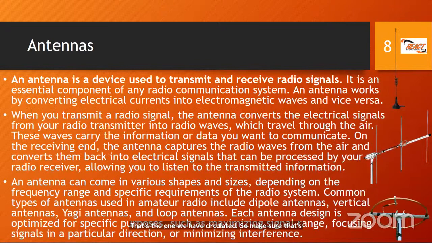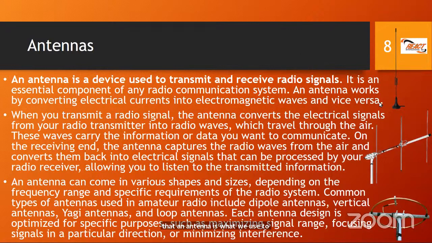And we now come to the topic of antennas. So we have talked about antennas before, but on your screen is a bit of a definition as to what an antenna is. And we're not going to go into everything. This is just for your own leisurely reading and information. But what we need to take away from this is that an antenna is what we use to transmit and receive radio signals.